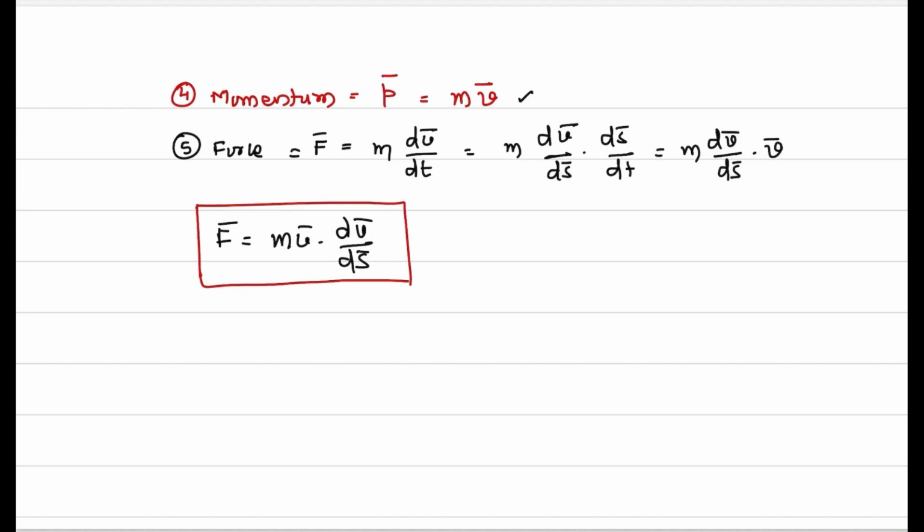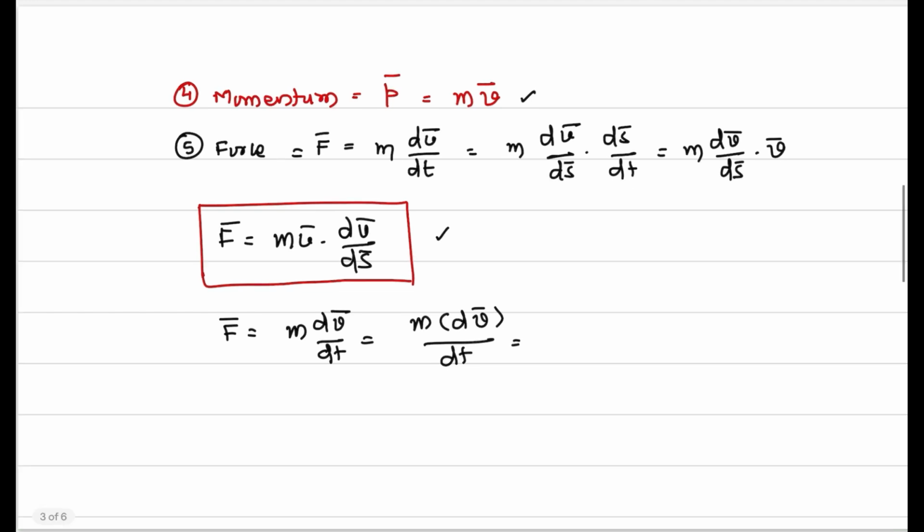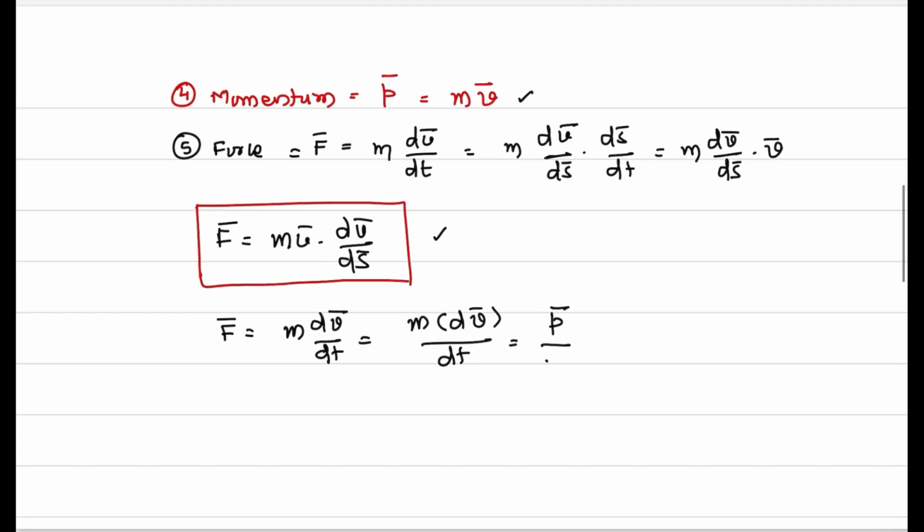Another one is also there, it is also important. Force is equal to m into dV by dt, which can be written as m dV by dt. M into dV is nothing but change in momentum, that is p dot, dP by dt, rate of change of momentum.